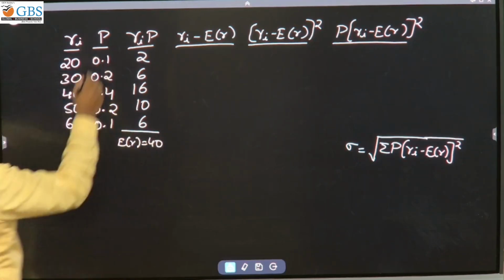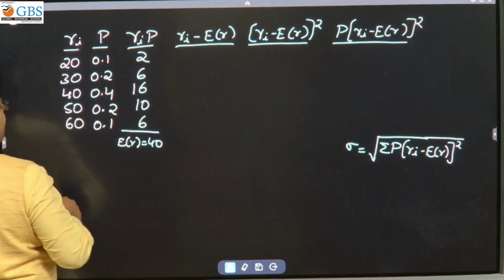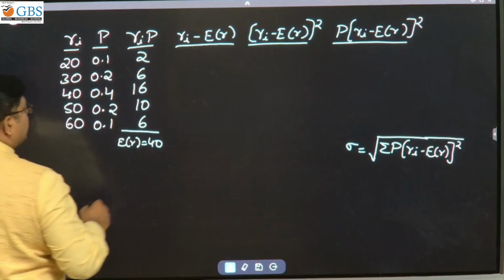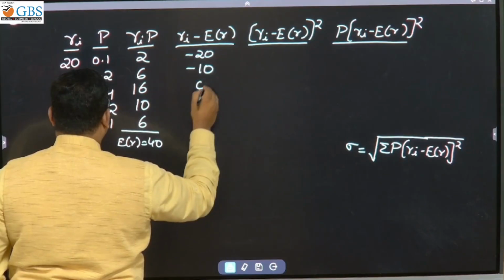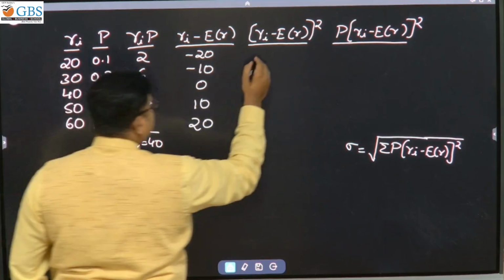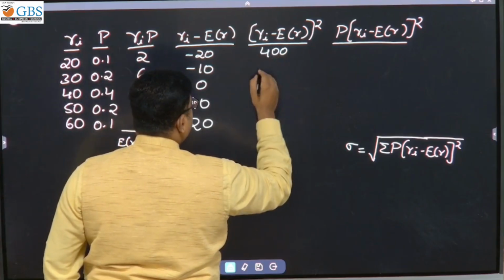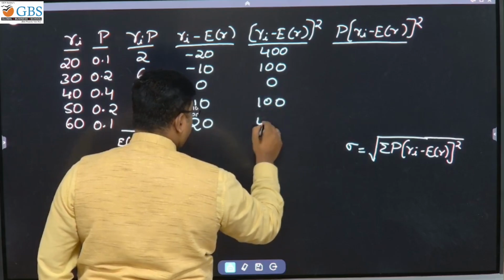This is the return. Now Ri minus E of R: 20 minus 40 is minus 20, minus 10, 0, 10, 20. Square: 400, 100, 0, 100, 400.